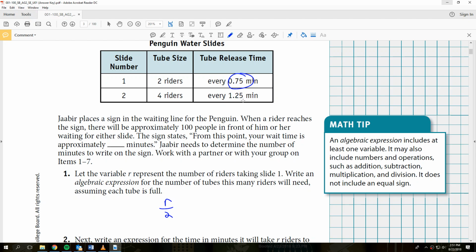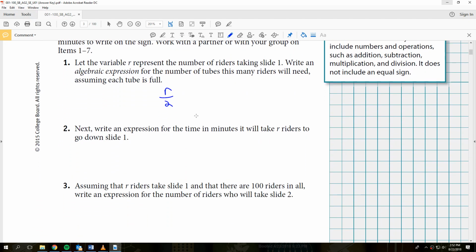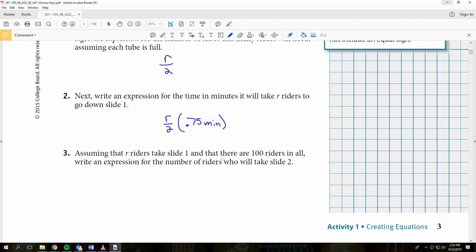That's how long. But we're going to make this arbitrary, and we're calling it R. So it's R divided by 2, that's how many tubes we're going to need, how many times we're going to slide down, times how much time it takes in minutes, which is 0.75 minutes. Like so, or R over 2 times 0.75. I don't know if you really have to put the minutes there, but it's good to label.